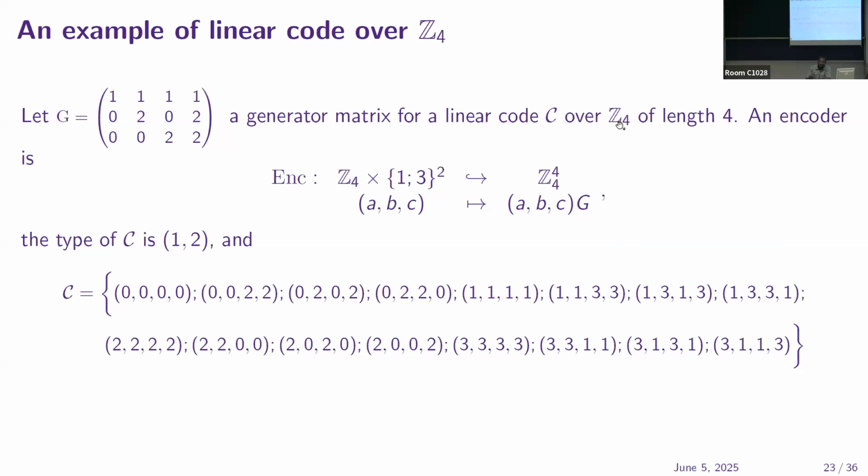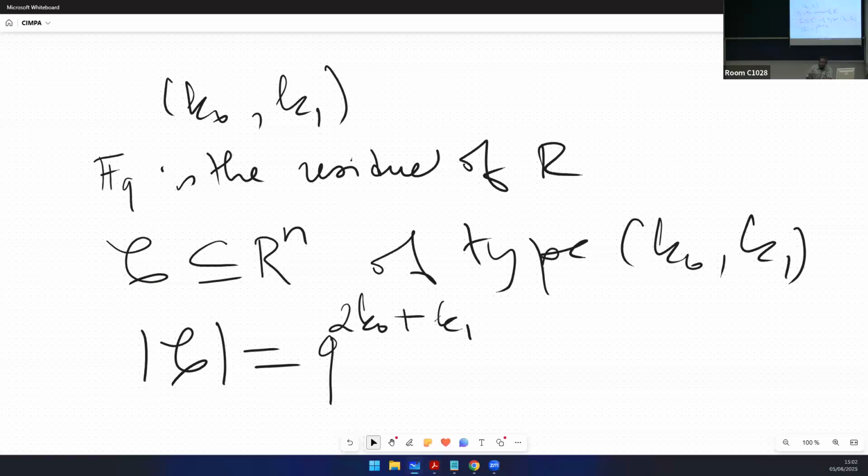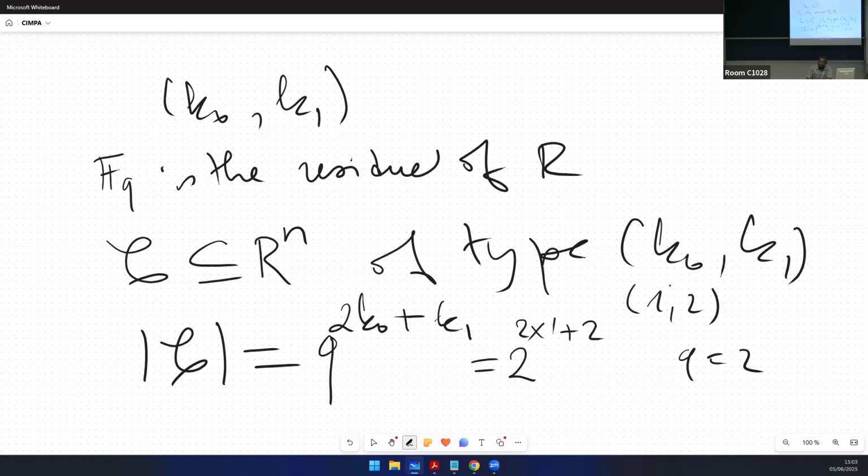Here, Q is 2. In this example, the type is the couple 1, 2. The cardinality of this code is 2 to the power 2 times 1 plus 2. Okay. 2 power 4, 16.